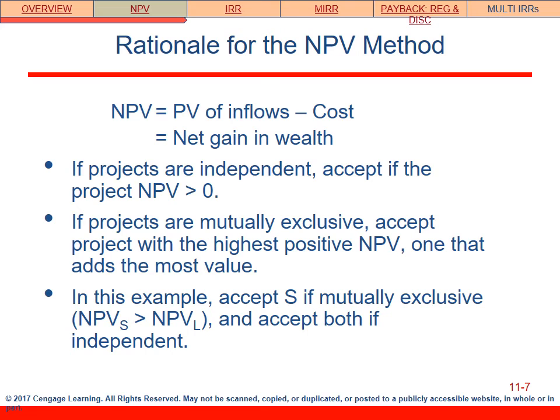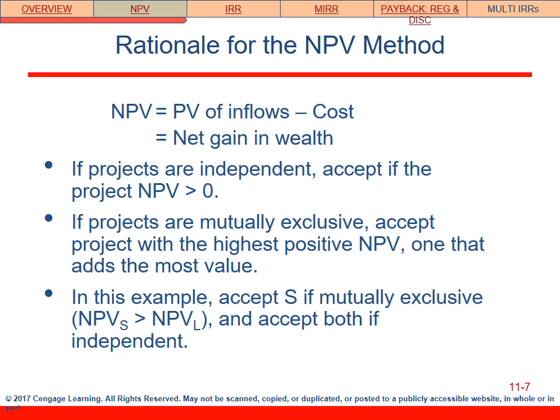Now, using net present value when projects are independent, in other words, they are not competing against each other, a firm will accept all projects that have a net present value greater than 0.